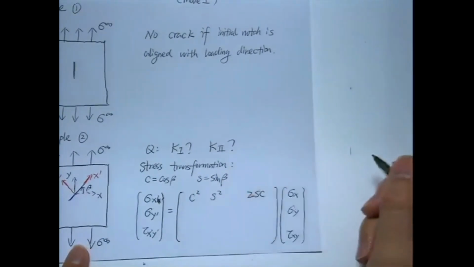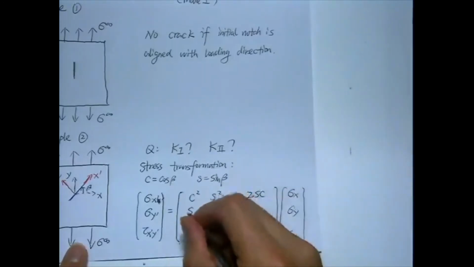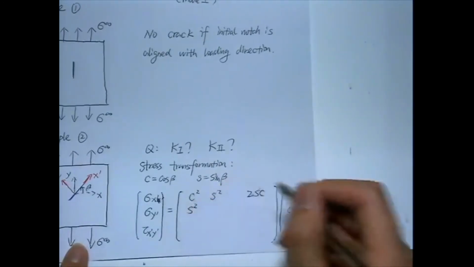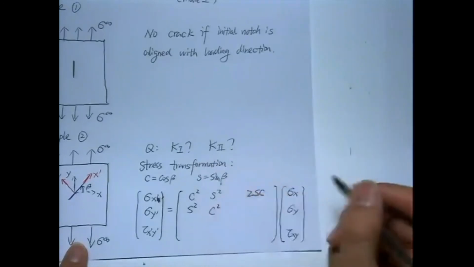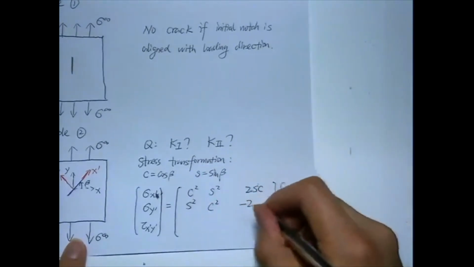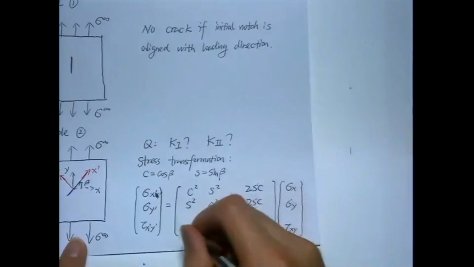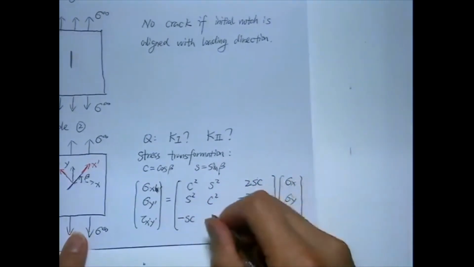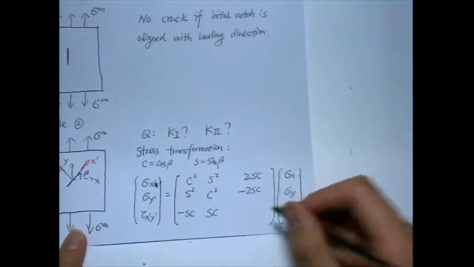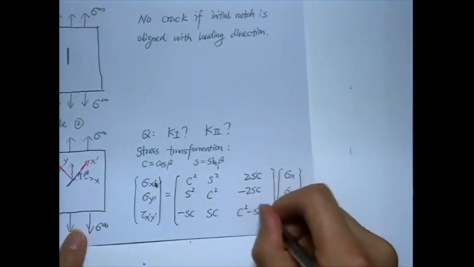In any case, I will give you this transformation matrix. Here I just write that down so that we can do the calculation for it: SC, C squared minus S squared.